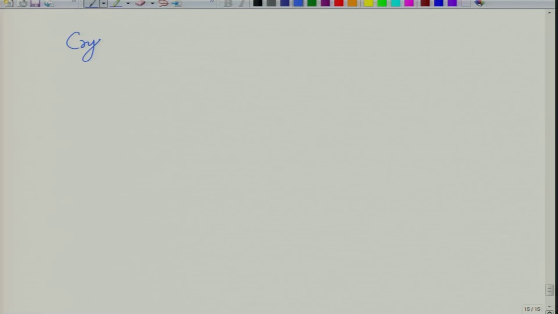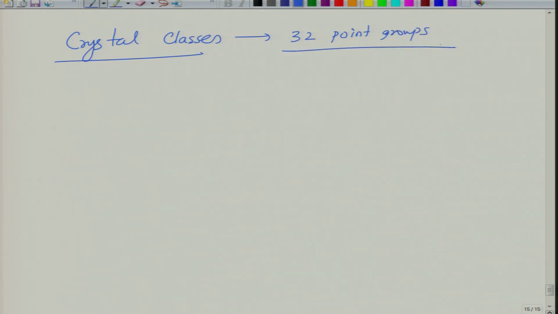If you look at the lecture notes in the MOOC on structure of materials, you will recall that there are crystal classes, and these crystal classes are defined on the basis of 32 point groups. Point groups are related to space groups and so on.